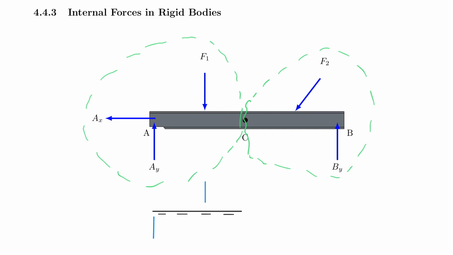So here I have F1, here I have usually RAY, and then here I have also in this case a force that in this case points to the left, but in reality it points to the right because F2 is pointing to the left, and so we're balancing that with RAY.